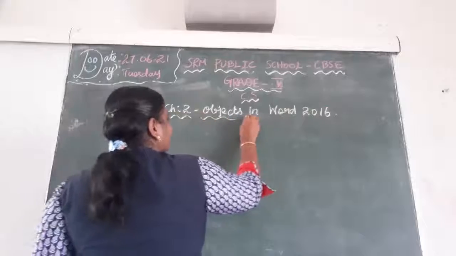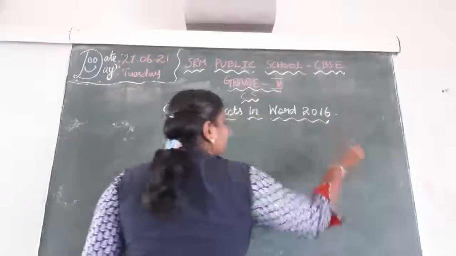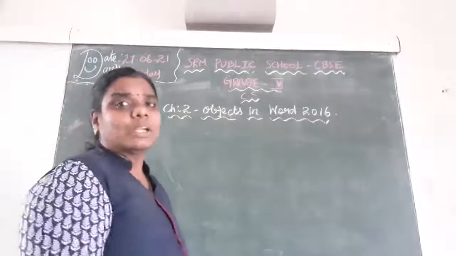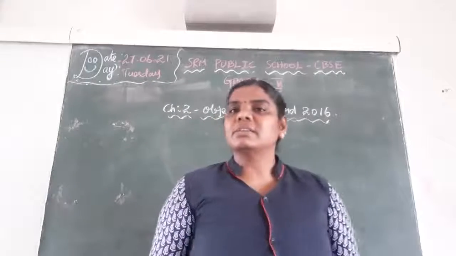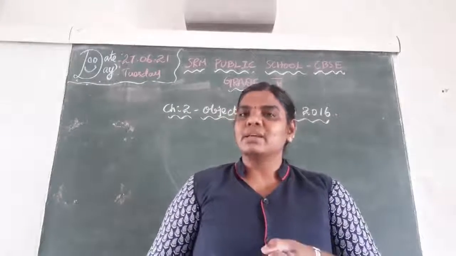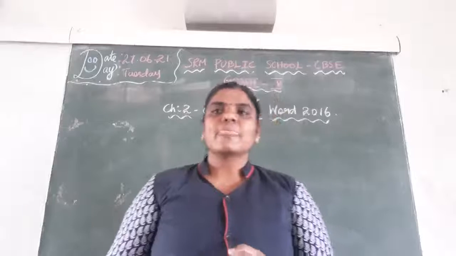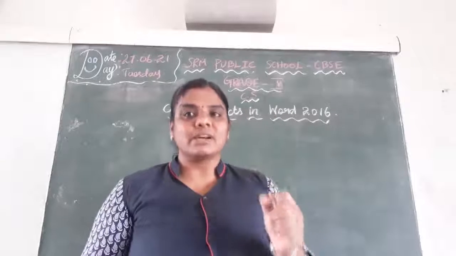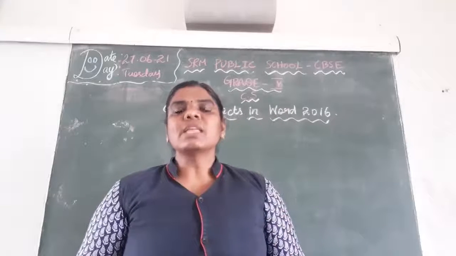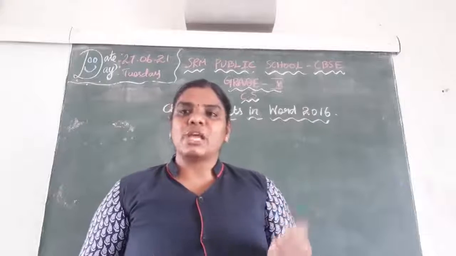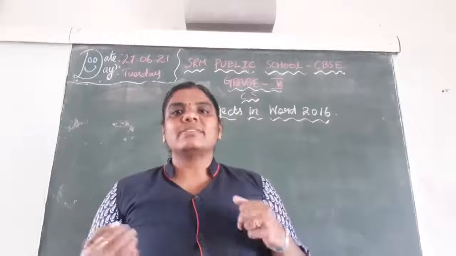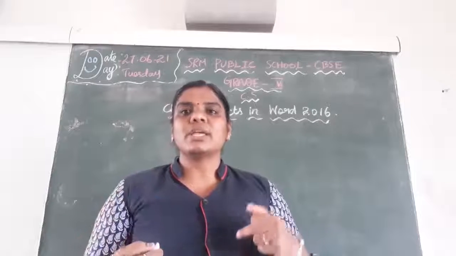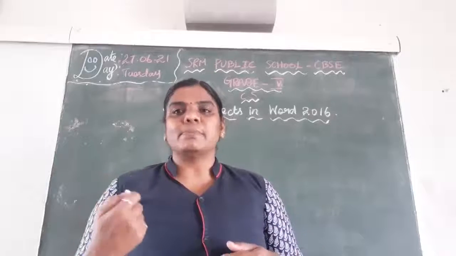Okay. So in this chapter, what are the topics we learn? How we can format the text, how we can insert the word art, and how we can insert the shapes, pictures. So these are the topics we learned from chapter 2.